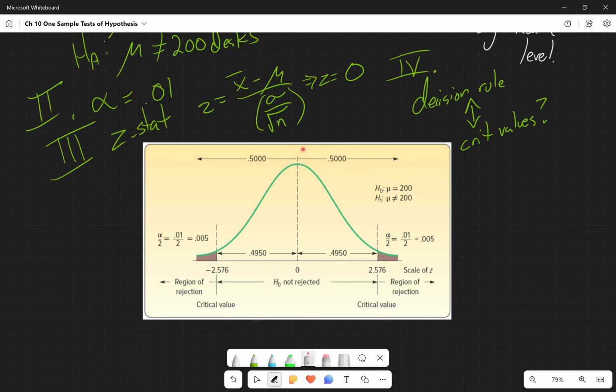And so we find that our critical value for a 1% two-tailed test is going to be 2.576.